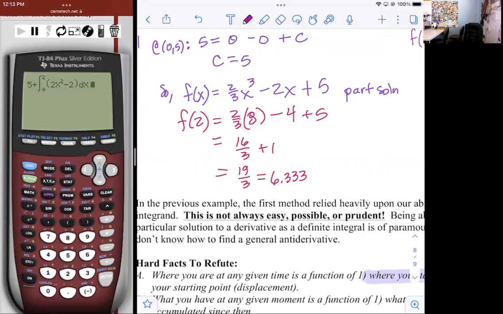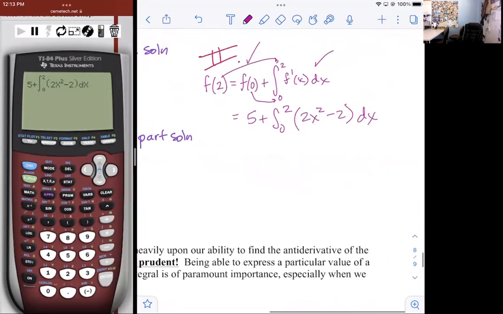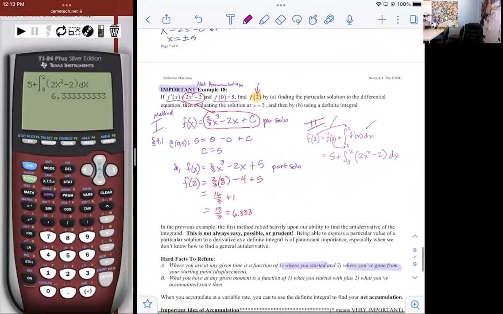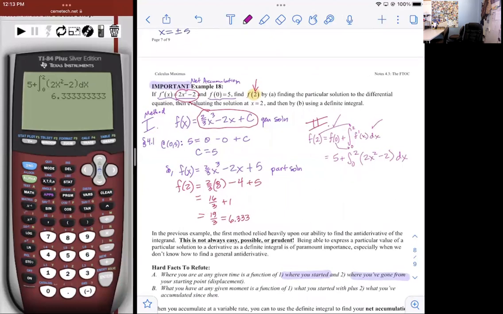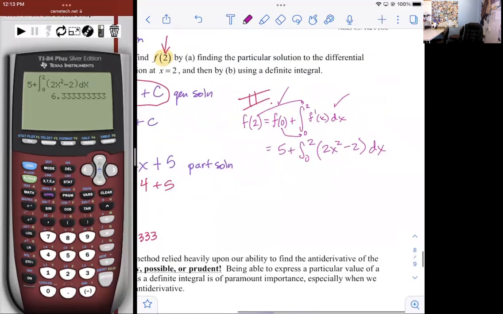So I should get 6.33333. And I do. Well, looky there. Wow. So which method is correct? Both of them are correct. But the one on the right does not rely on being able to find the antiderivative because it's doing it numerically. Pretty powerful.